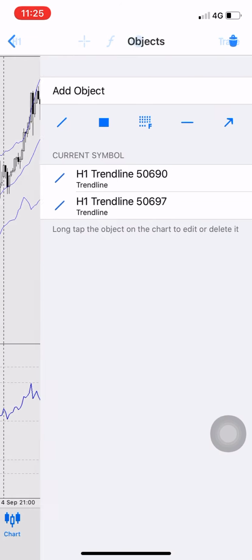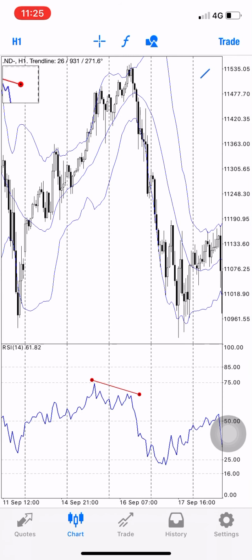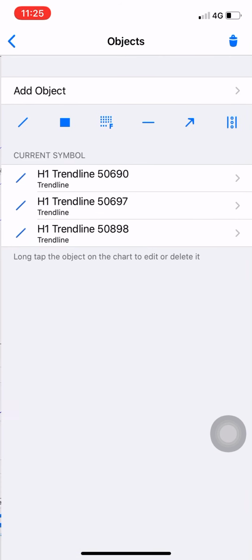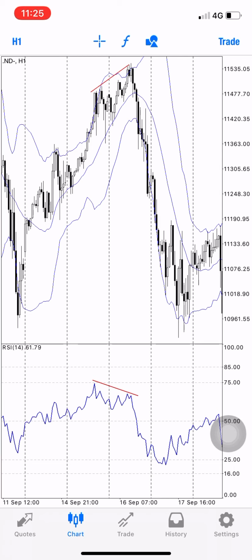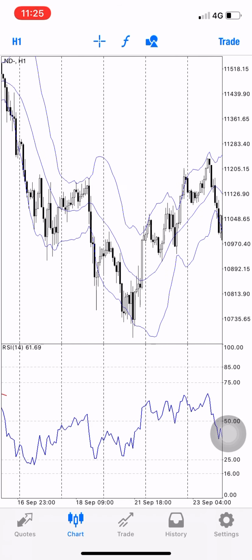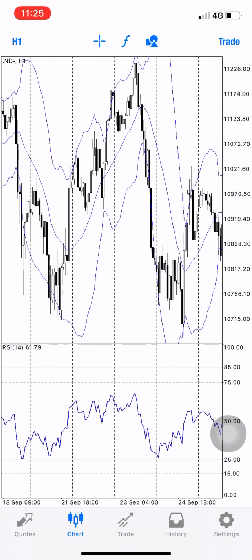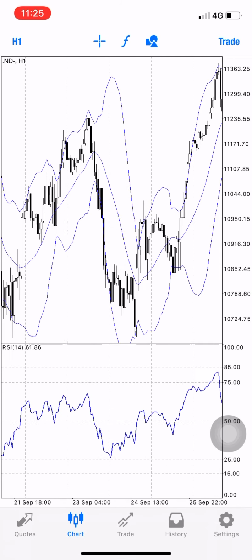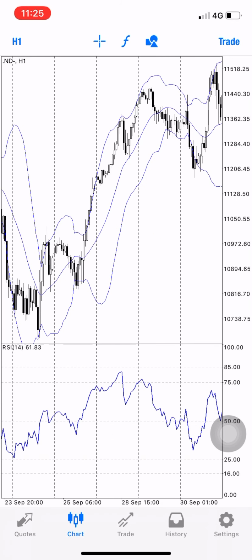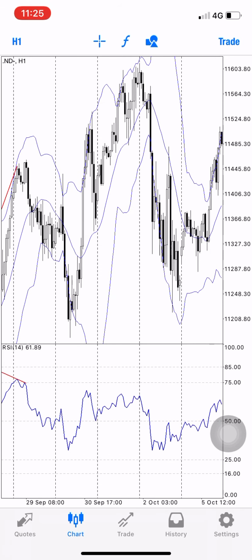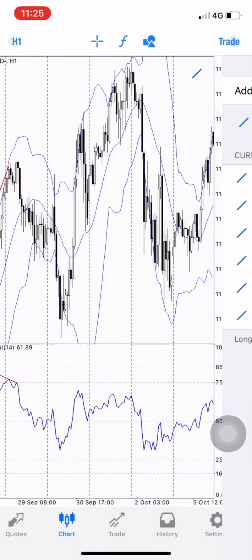See here, price overbought, divergence here, then price drops, right? Happens all the time. Here also same thing. Here also the same.